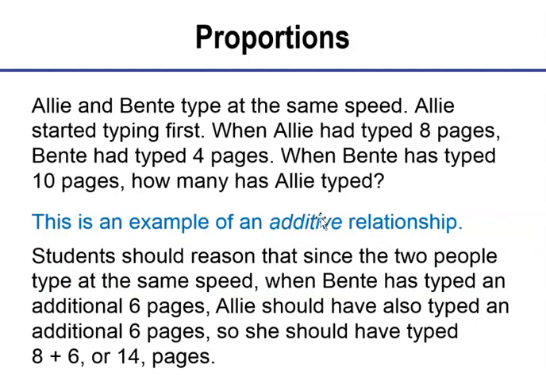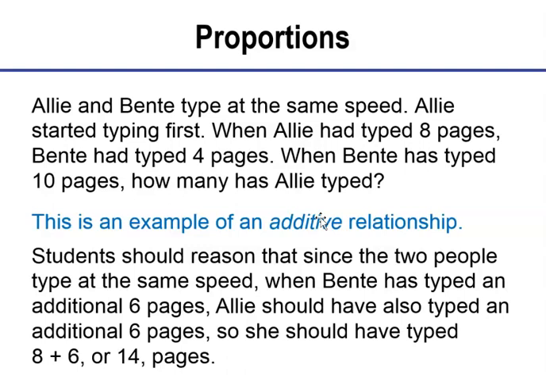All right, so we have an example. Allie and Bente type at the same speed. Allie starts typing first. When Allie had typed 8 pages, Bente had typed 4 pages. So when Bente has typed 10 pages, how many has Allie typed? And they go on to say this is an example of an additive relationship, so you should look out for this.